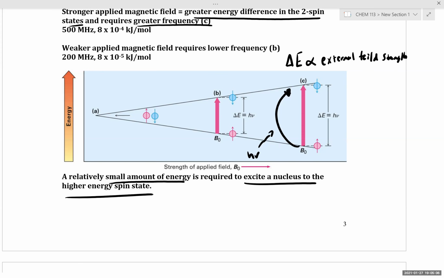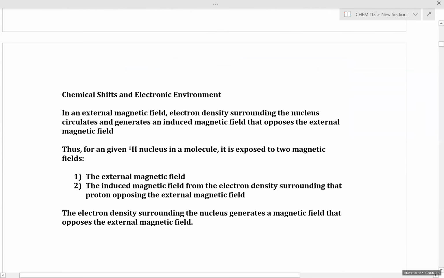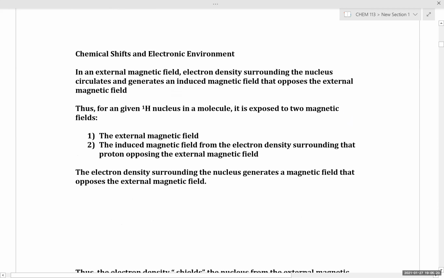Now, at this point, many people are probably thinking to themselves, well, aren't all protons the same? It's a hydrogen nucleus. What difference could there be? Well, this is where we bring up this idea of chemical shift. And this is probably the most important concept that you need to be familiar with to navigate NMR spectroscopy.